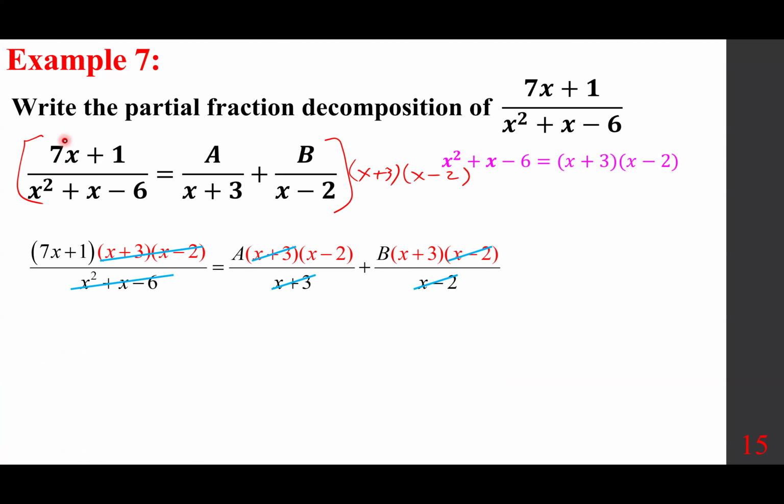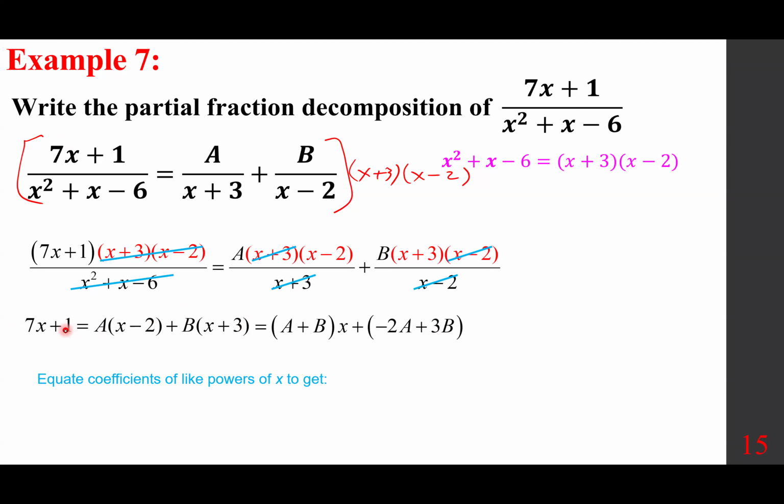And the right side becomes a times x minus 2 plus b times x plus 3. Now, please understand that we have ax and bx, so a plus b times x. We have minus 2a and 3b. And so a plus b must be 7, minus 2a plus 3b must be 1.